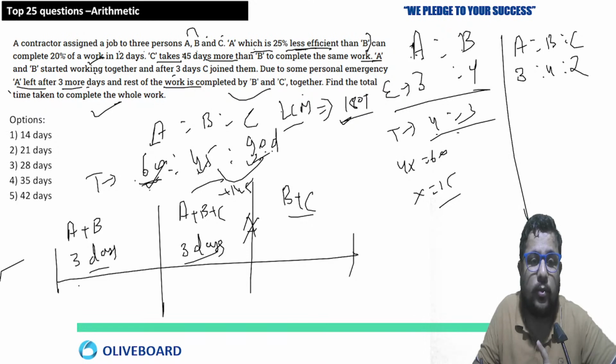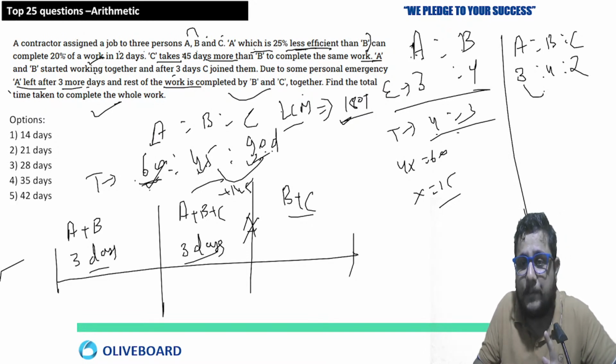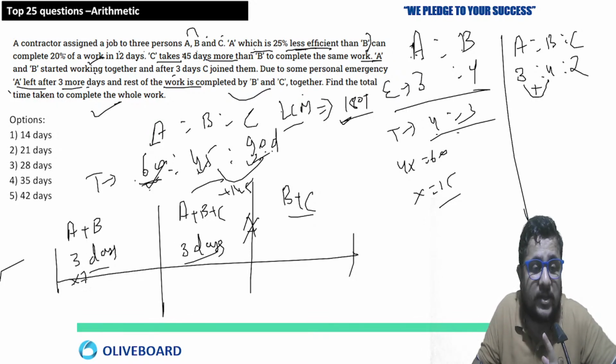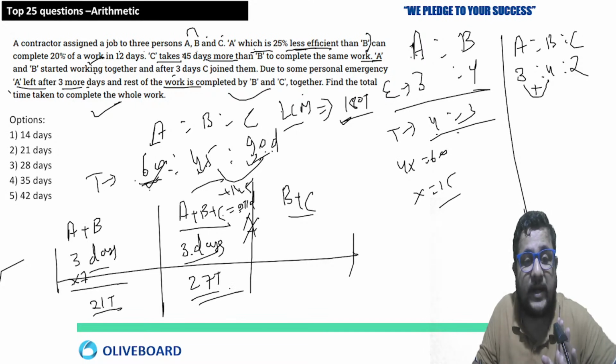So total work is 180 cups of tea. But A and B first work. So 3 plus 4, 7 cups of tea per day. So in 3 days they will finish 21 cups of tea. ABC together, 3 plus 4 plus 2, 9 cups of tea per day. They will finish 9 into 3, 27 cups of tea in 3 days. Now how much work is left? 21 plus 27.